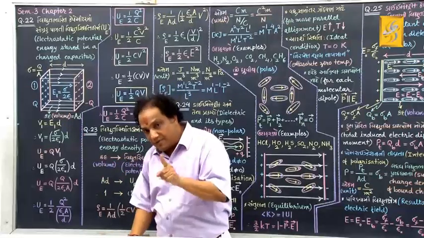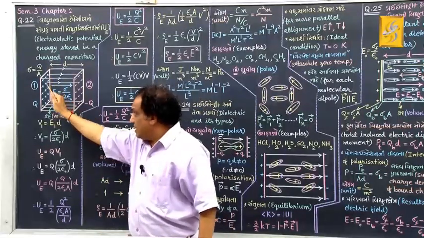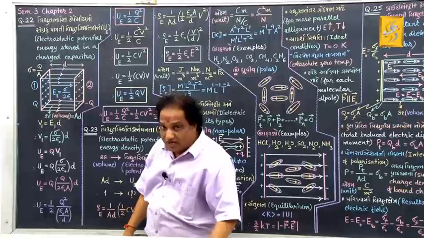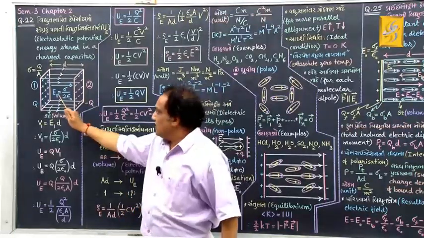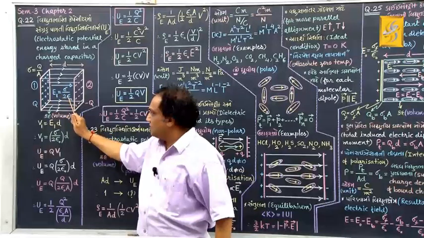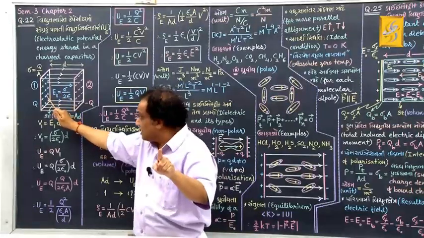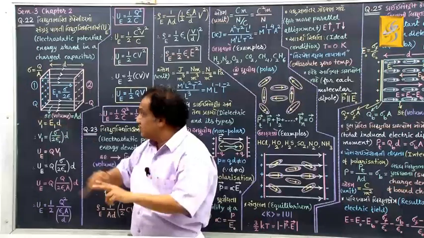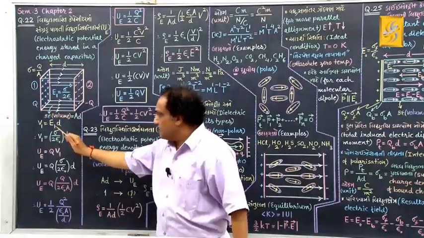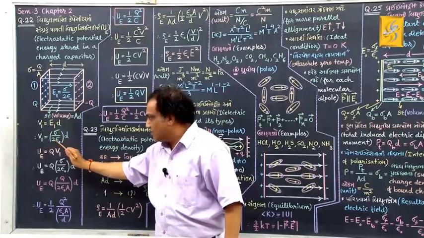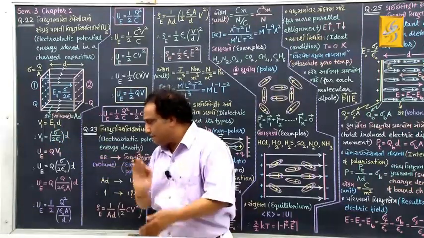Now tell me, due to only one plate, what was the formula of electric field? E1 equals sigma upon 2 epsilon 0. And for a positively charged plate, the direction of electric field is away from it. So V1 is sigma upon 2 epsilon 0 into small d.